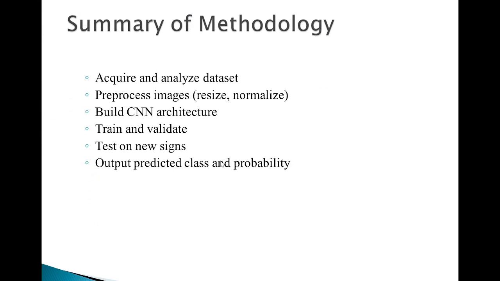To summarize the methodology: acquire and analyze the dataset, pre-process by resizing and normalizing, then use the CNN architecture, and train, validate and test on new signs similar to them, to get the predicted class and probability.